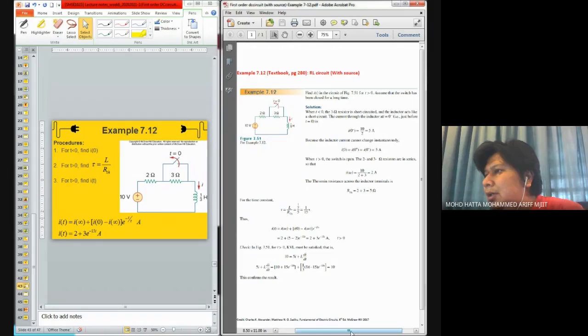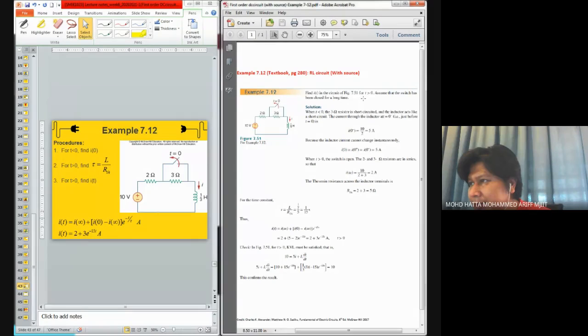Now, according to the example, it says here, find i(t) in the circuit for t greater than 0. Assume that the switch has been closed for a long time. We need to find the current flowing through this inductor for t greater than 0.